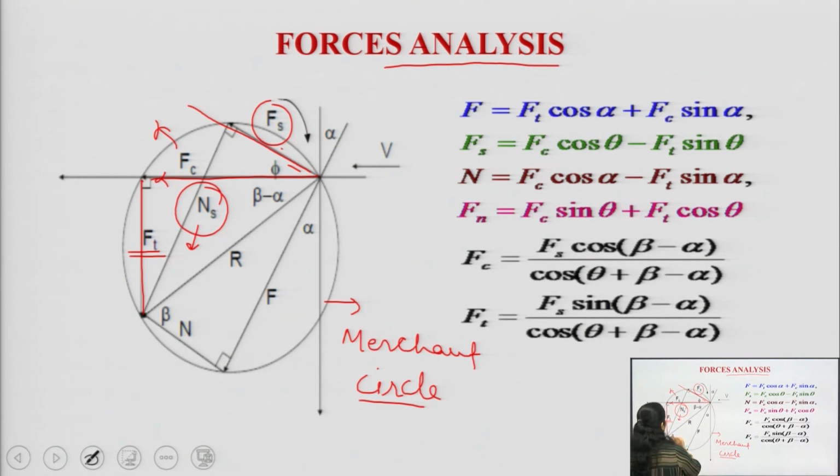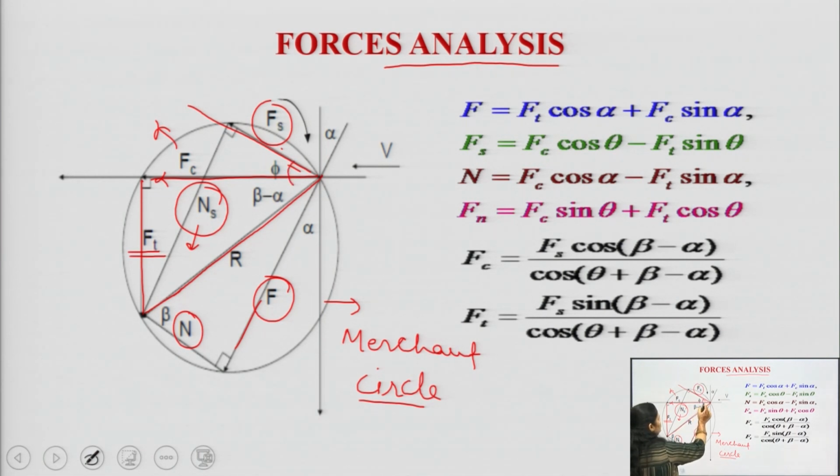Here R is mentioned, which is the resultant of Fc and Ft, and it is also the resultant of Fs and Ns. Then this is the force F, which is basically the friction force acting along the rake face of the tool. And this is the force denoted by N, which is normal to this friction force.